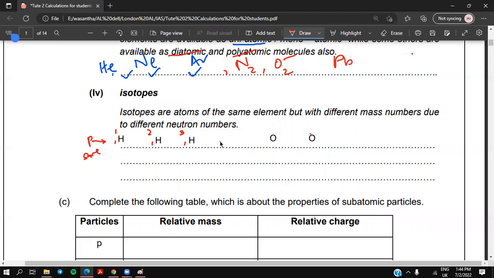For oxygen, I can write 16 here, 8 here, 8 here.